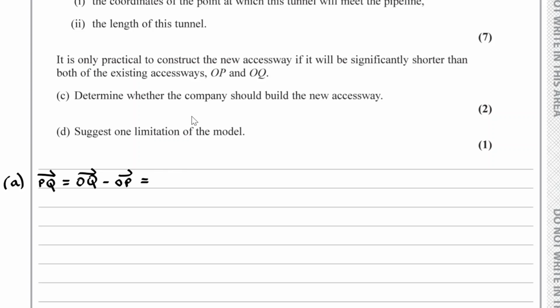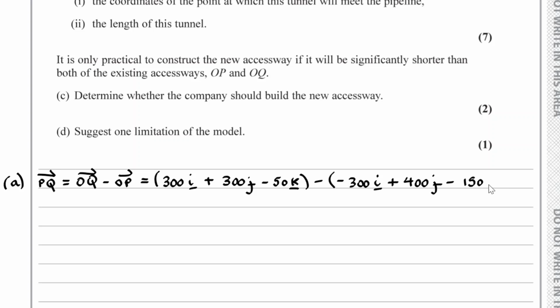So we have 300i plus 300j minus 50k, that's Q, minus 300i plus 400j minus 150k.